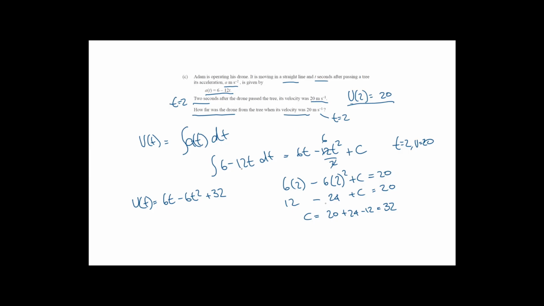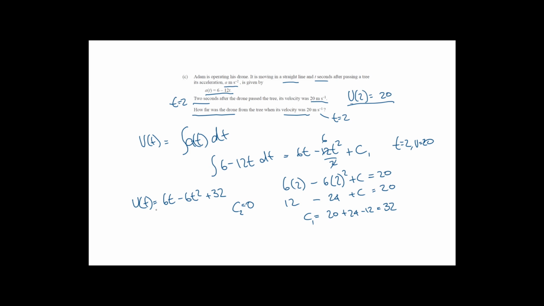Now, what was the initial distance? Well, the distance from the tree to the tree is 0. So the second c is going to be equal to 0. I'm going to say c2 is 0, and I'm going to call this c1.